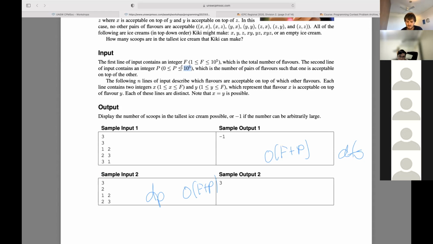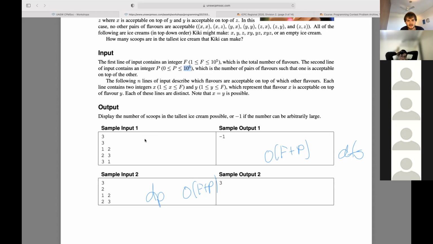Although if we loop through each time to find the things with no incoming edges, it's too slow. So probably the first solution, the recursive DP solution, is a better way to do it. Because the second solution where we delete edges and look at all the vertices with no incoming edges, while conceptually that's quite nice, finding those vertices can be too slow.